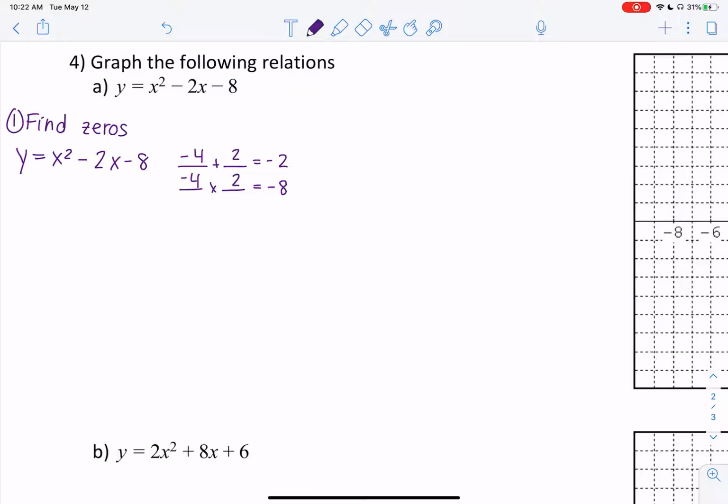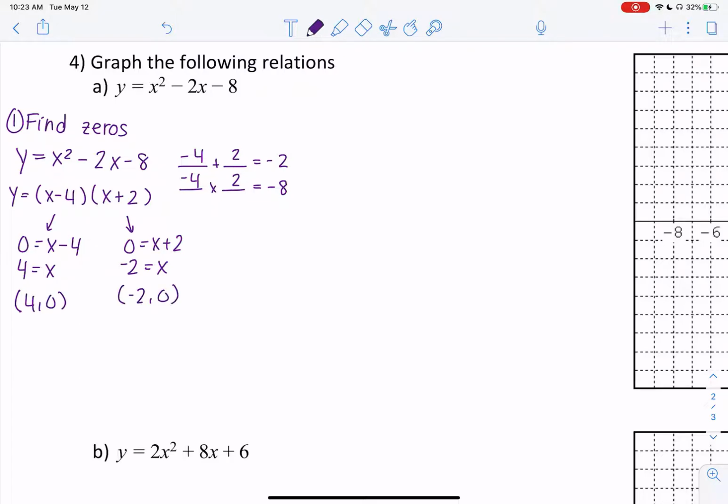Since our a value is 1, we can jump right to the brackets. And then I just set my brackets equal to 0. So that gives me my zeros are at 4, 0, and -2, 0.